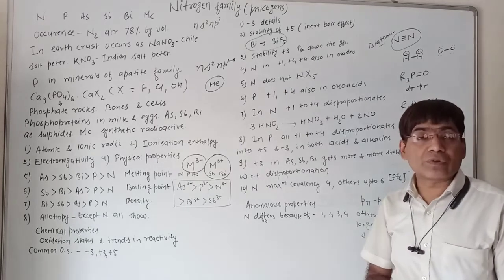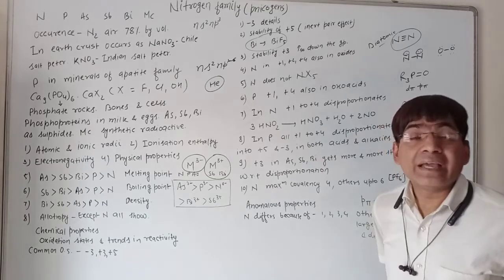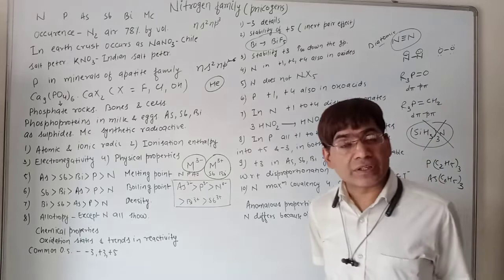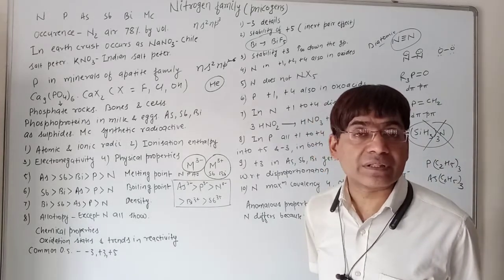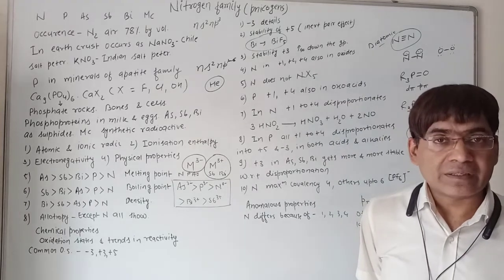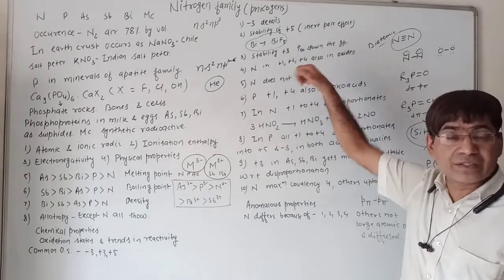Now the stability of the +5 oxidation state. As we move down a group in the p block elements, there was the observation of the inert pair effect. +5 is the highest oxidation state shown by these group elements.